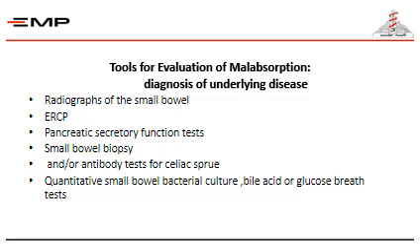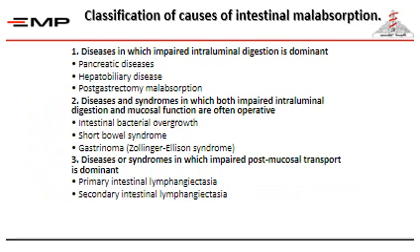Once we have identified a small group of possible diseases, we can do a radiograph of the small bowel to delineate anatomy, endoscopic retrograde cholangiopancreatography (ERCP) to define the anatomy of the biliary and pancreatic ducts, pancreatic secretory function tests, small bowel biopsy and/or antibody test for celiac sprue, quantitative small bowel bacterial culture, and bile acid or glucose breath test for bacterial overgrowth.